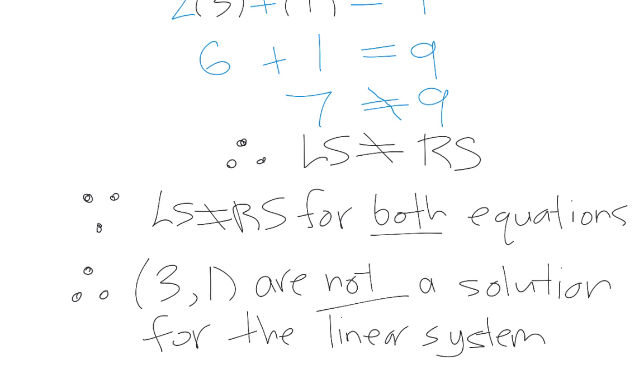This basically means that the coordinate (3, 1) is not the point of intersection.